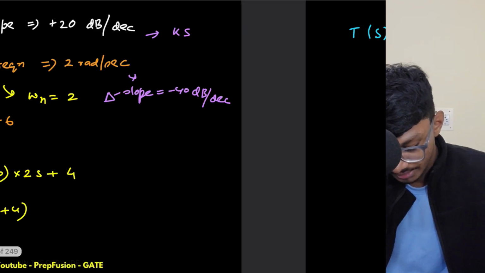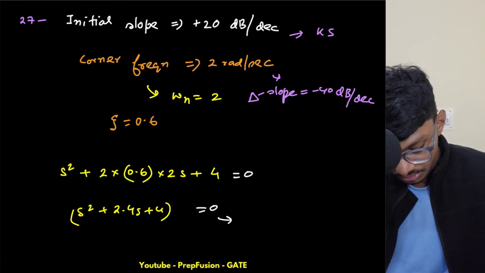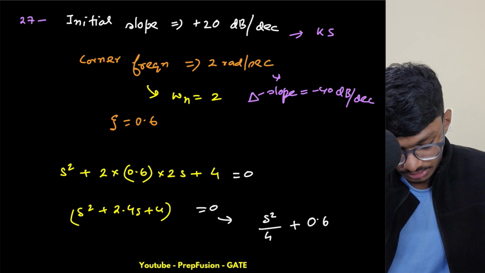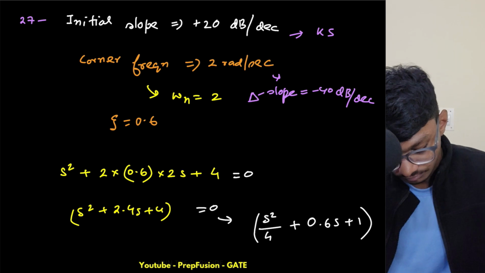So the transfer function is k times s. Let me write this in time constant format: s square divided by 4 plus 0.6 s plus 1.